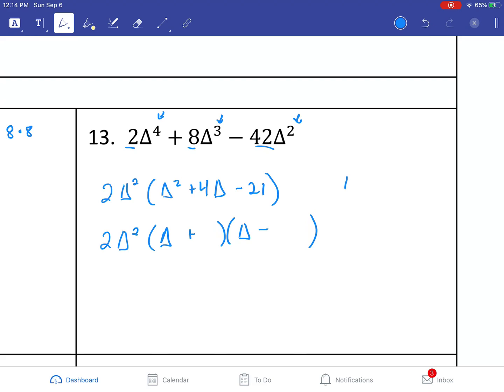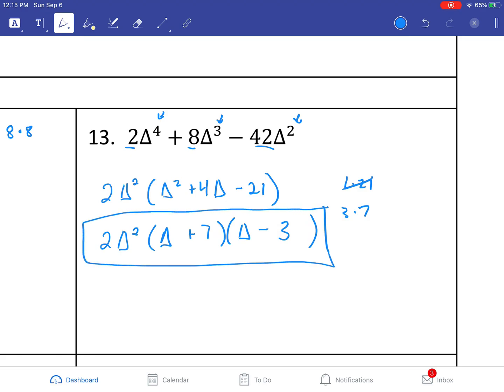Factors of 21 are 1 and 21, and then 3 times 7. If the 2 signs in the parentheses are different, that means you're going to subtract the factors. 1 and 21 will not get you 4, but 7 and 3 would, and the biggest number goes first. And that's it, you have that one factored.